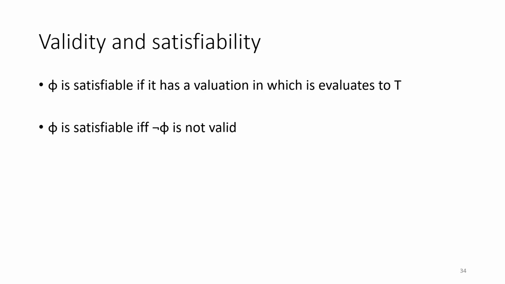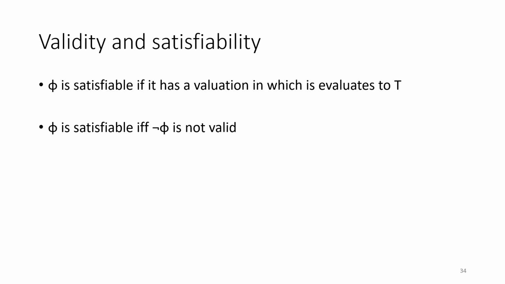And this assignment to the variables of a negated formula that makes it false is an assignment that makes the original formula true. So we exploit this relation between validity and satisfiability. We just use some negation, and then we can get satisfiability. Of course, we know that satisfiability is the much easier thing to check, right? Because we just find, in whichever way, some example.